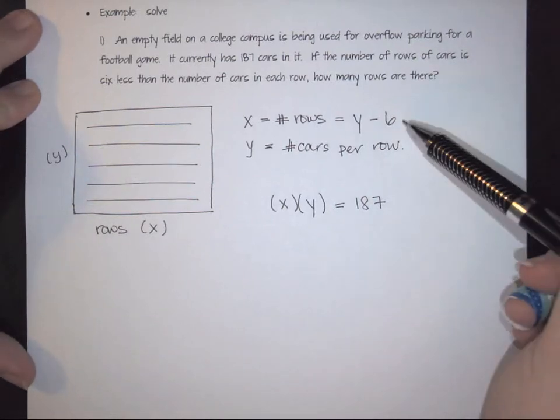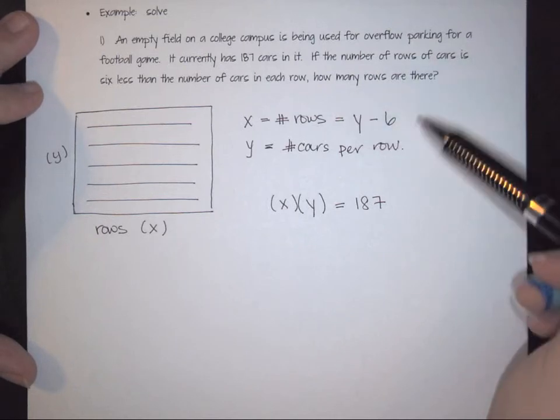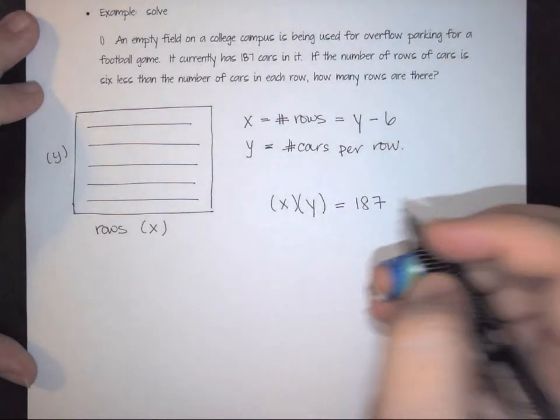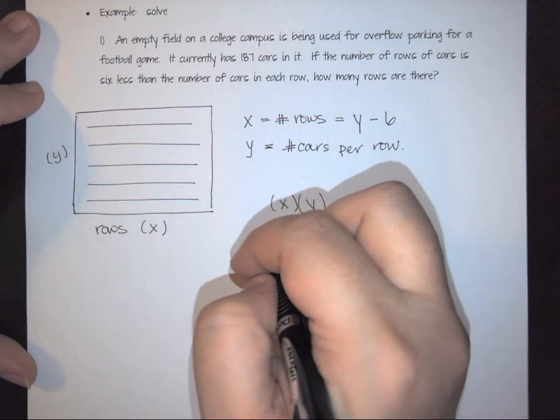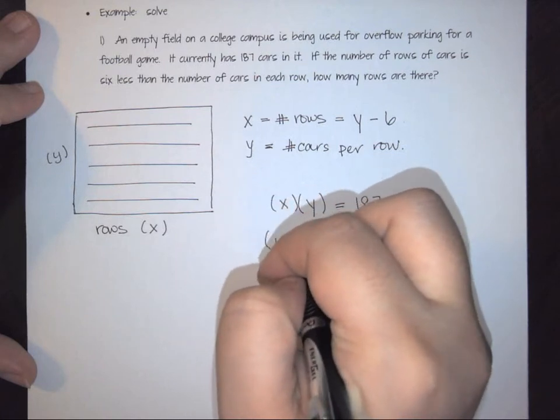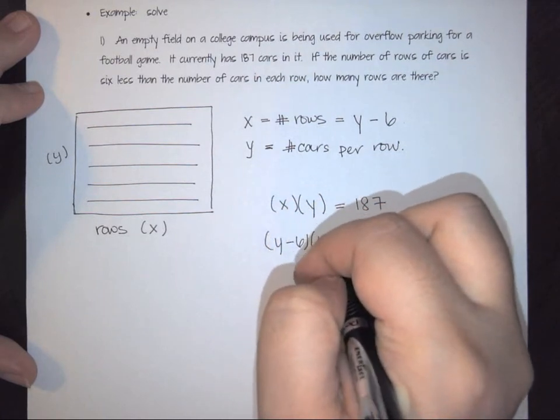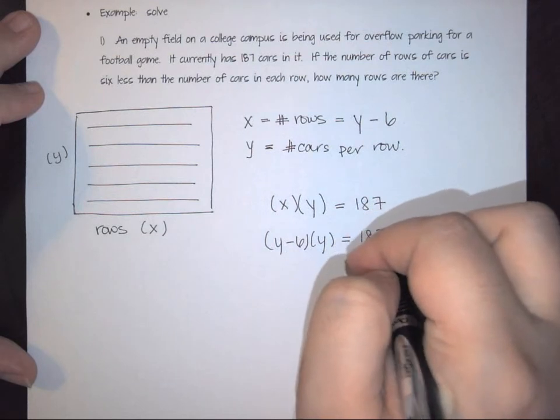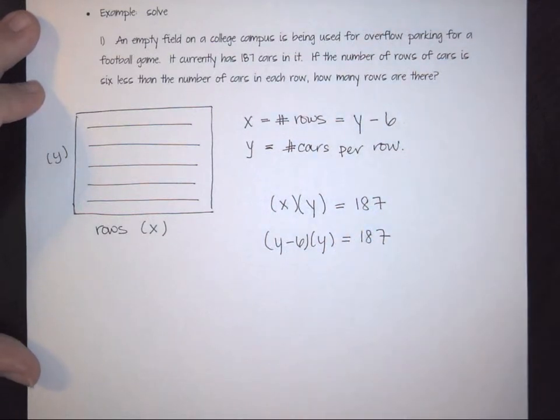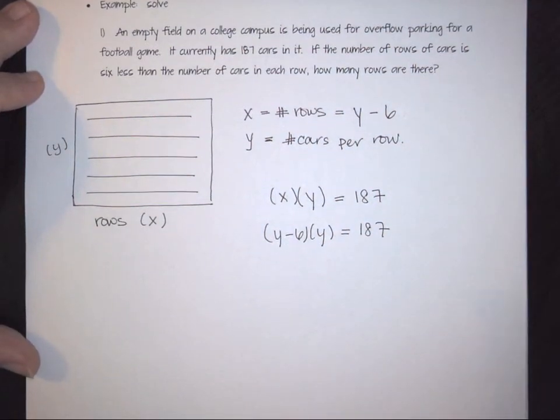Now with that, we know exactly how to calculate what's necessary. And so here, this would end up being y minus 6 times your y is equal to 187. So we can set up our quadratic.